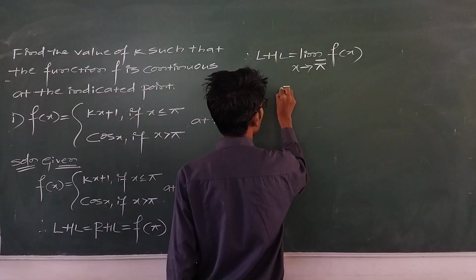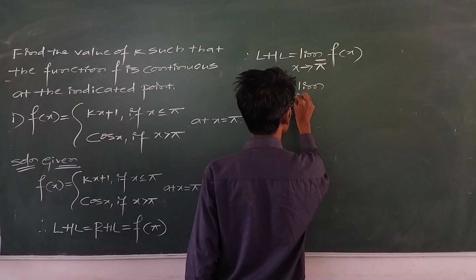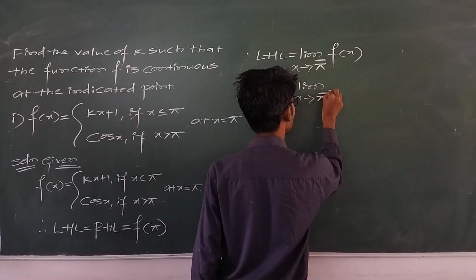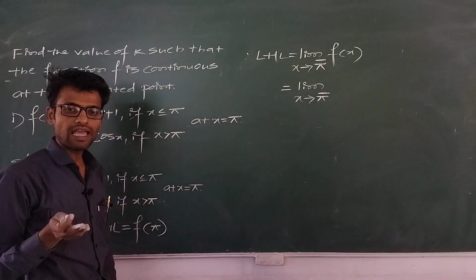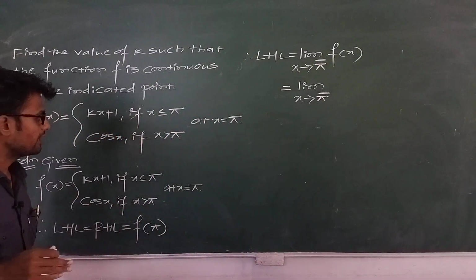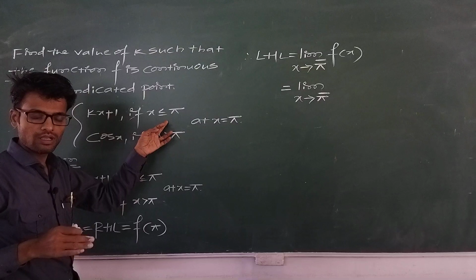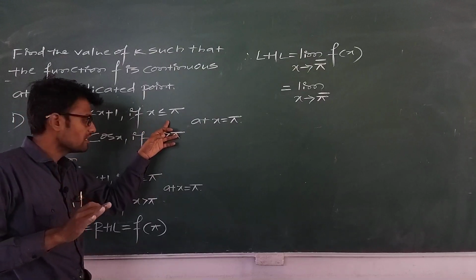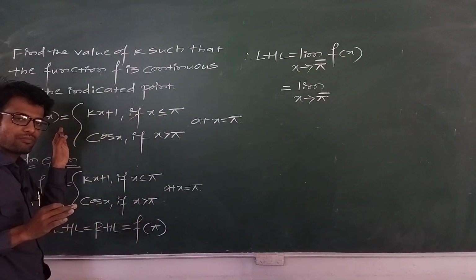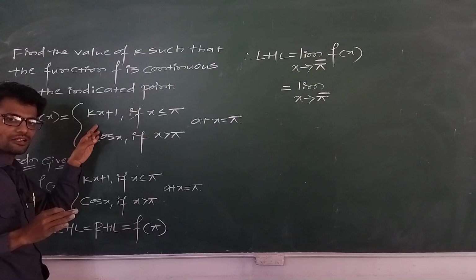This pi minus indicates that you take the value of the function when x is less than pi. For x less than pi, f of x is equal to kx plus 1.